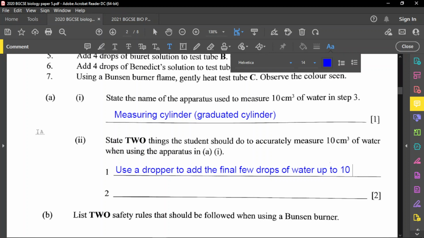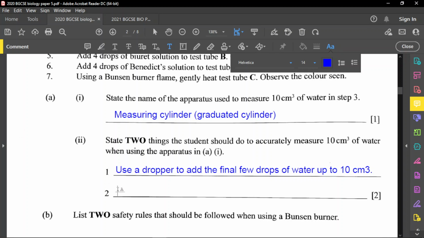You can pour the water into the measuring cylinder, but when it reaches close to the 10 centimeters cube, you then use a dropper, drop by drop, to make sure it's really perfect. Because if you just pour it out one time, it's going to be a little bit over or a little bit less. So that's one way to make it accurate.